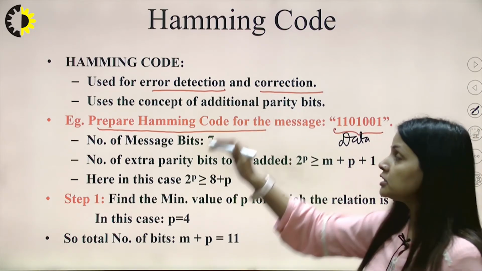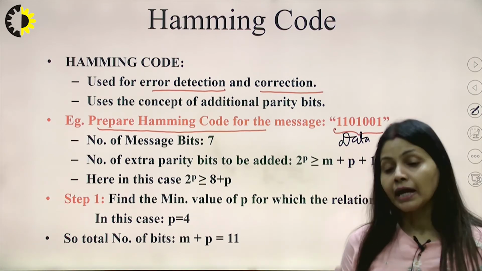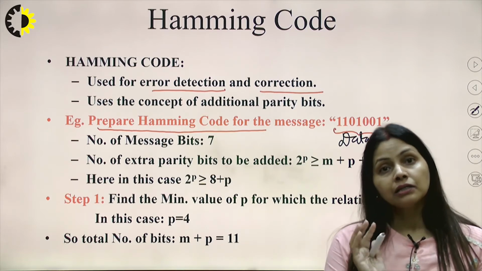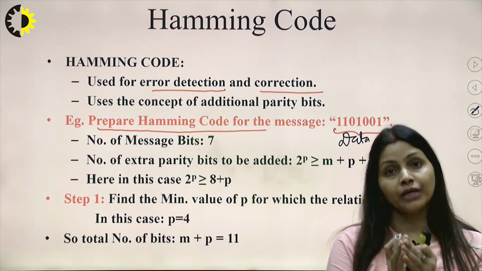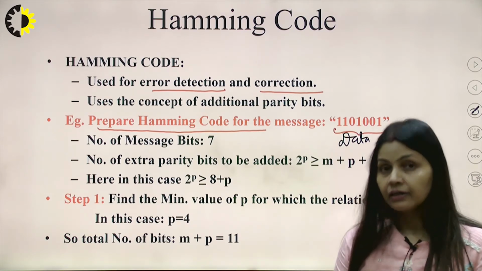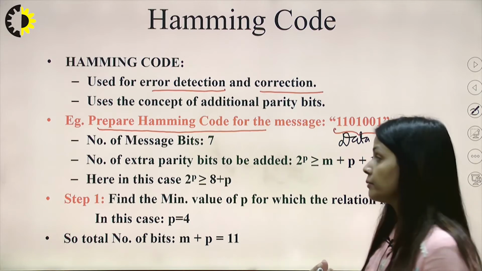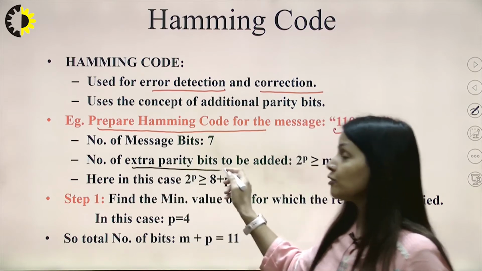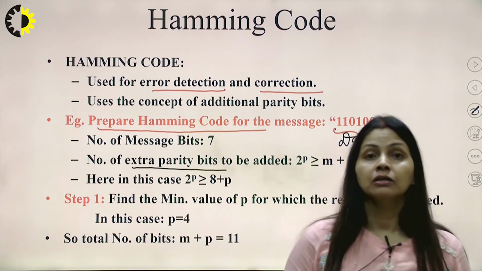Now this process is to be run at the transmitter part. At the transmitter, before sending the data, we will modify the data by adding some parity bits to it. So how the parity bits are added and where are the locations of these parity bits, that is important. So number of extra parity bits, first of all we will calculate looking at the number of bits in the original message.